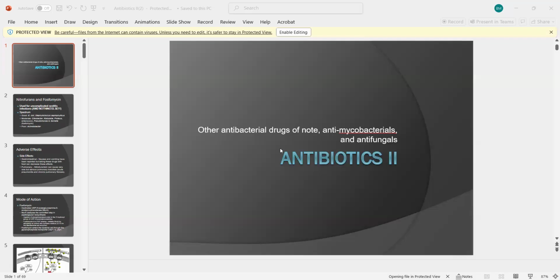So you activate it, and then you form the adduct with the enzyme that makes mycolic acids. So it inhibits mycolic acids. Isoniazid is the only drug that's effective against latent mycobacteria. So latent tuberculosis, isoniazid is your man.